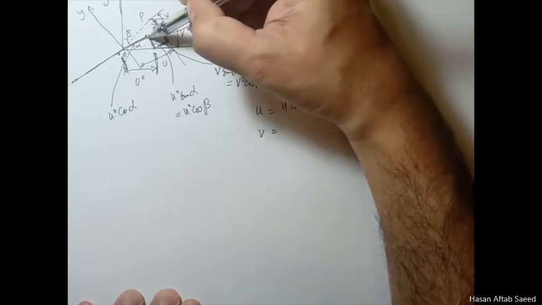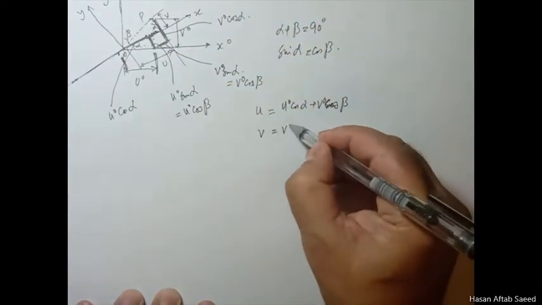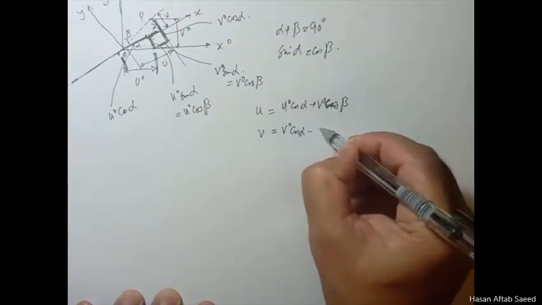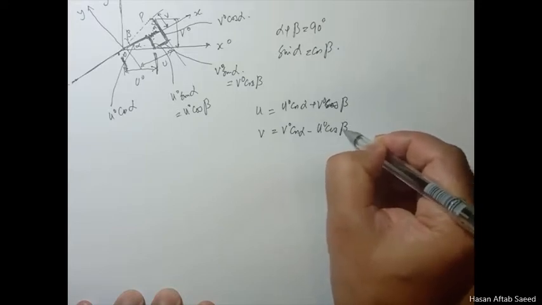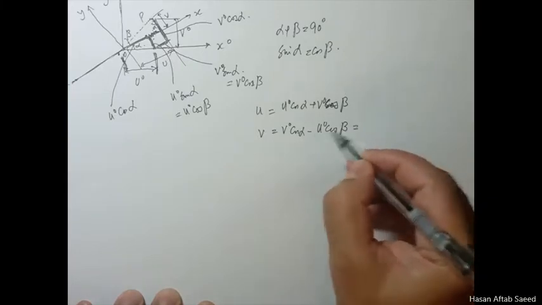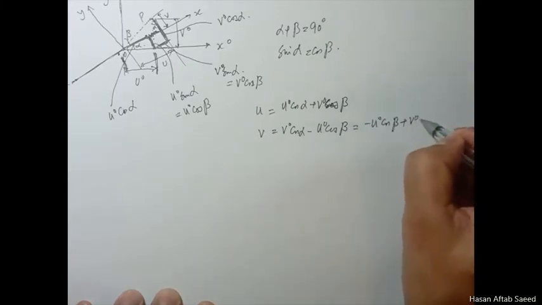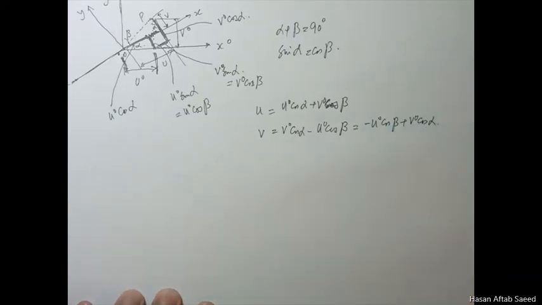We know what these are, so we can write it again, and just to be consistent, minus u naught cos beta plus v naught cos alpha.